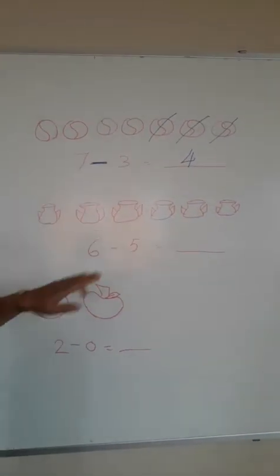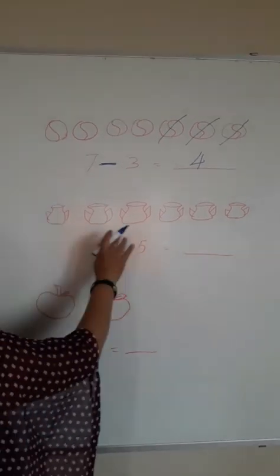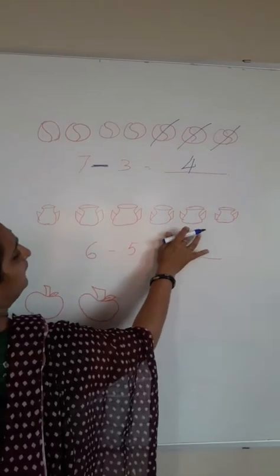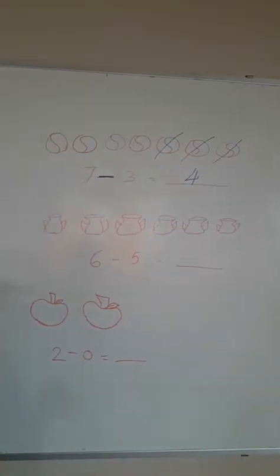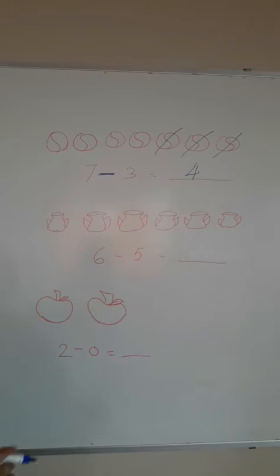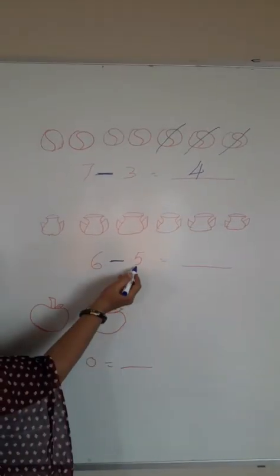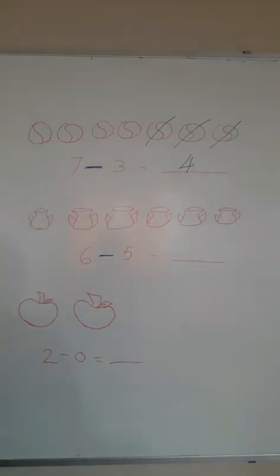This is the jug. How many jugs are here? 1, 2, 3, 4, 5 and 6. There are 6 jugs. Okay, and how many do we subtract? 5 jugs we have to take away.